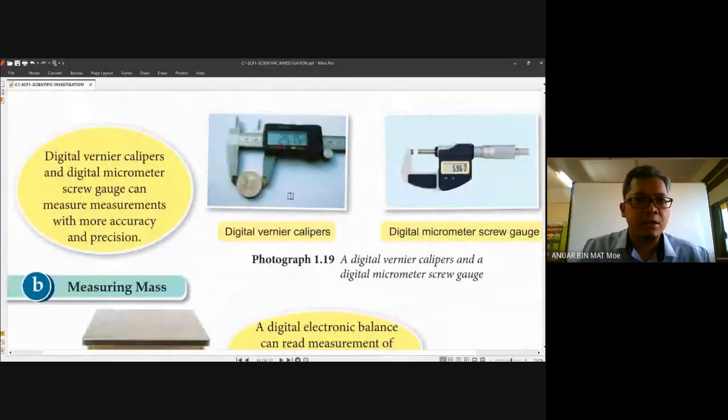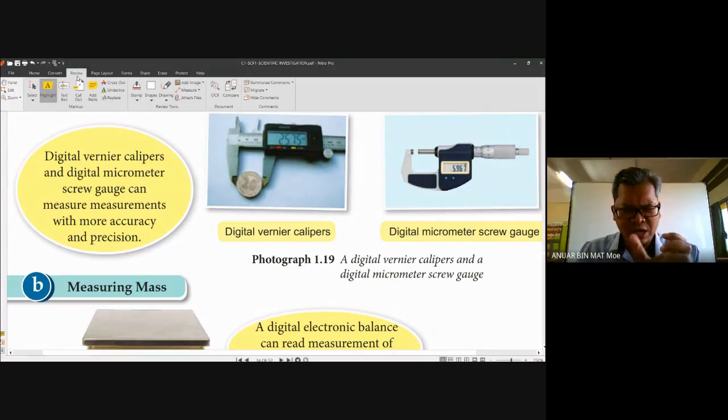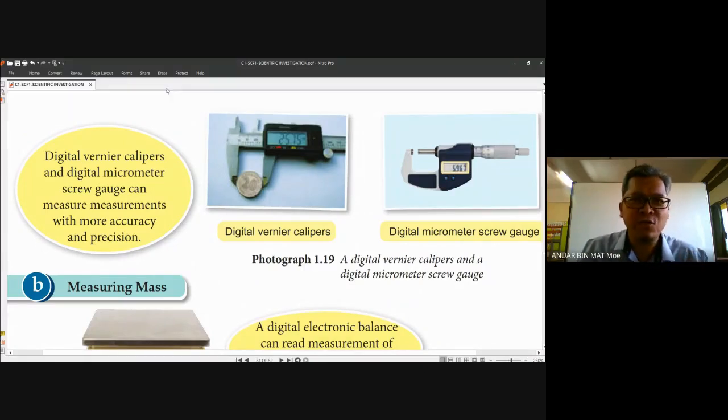So this is a more advanced caliper because you no need to look at the scale. It already gives you the value here. This one is more accurate and faster. This is what we call digital, not analog.